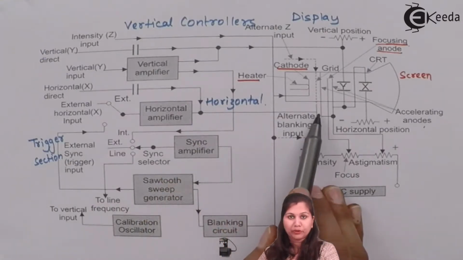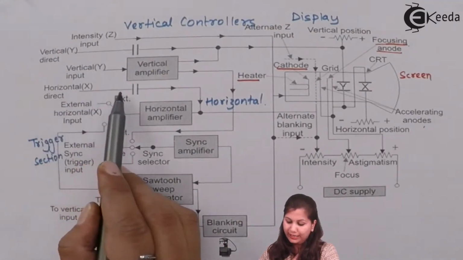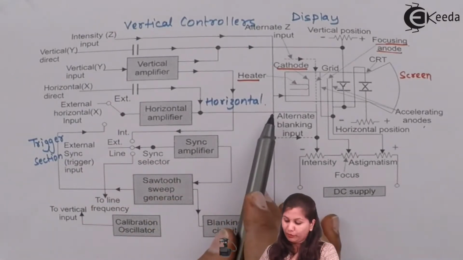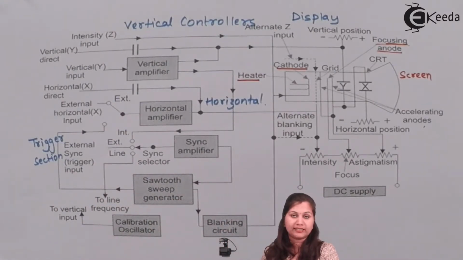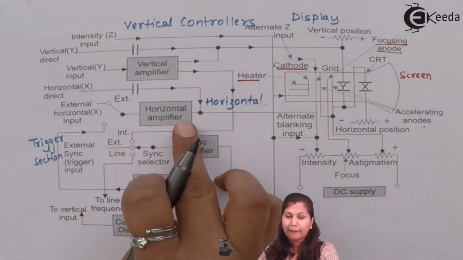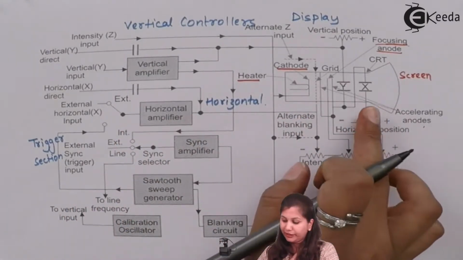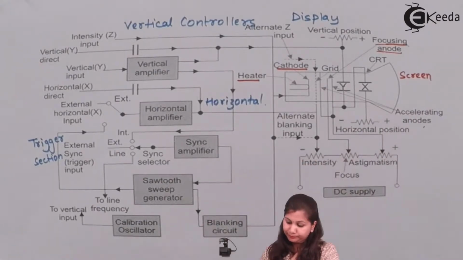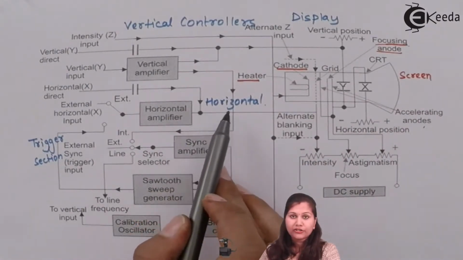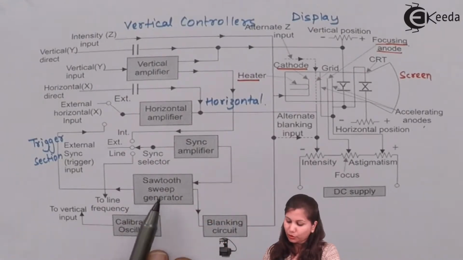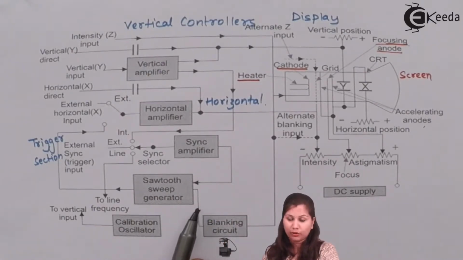After that, you can see that if we want the signal to be provided directly, we have here horizontal direct also, and if we want it to be provided after amplification, because the horizontal signal is very weak, then we will amplify it and then it will be provided to the horizontal deflection plates. Now in the horizontal controllers we are having a sync amplifier and a sawtooth sweep generator also.